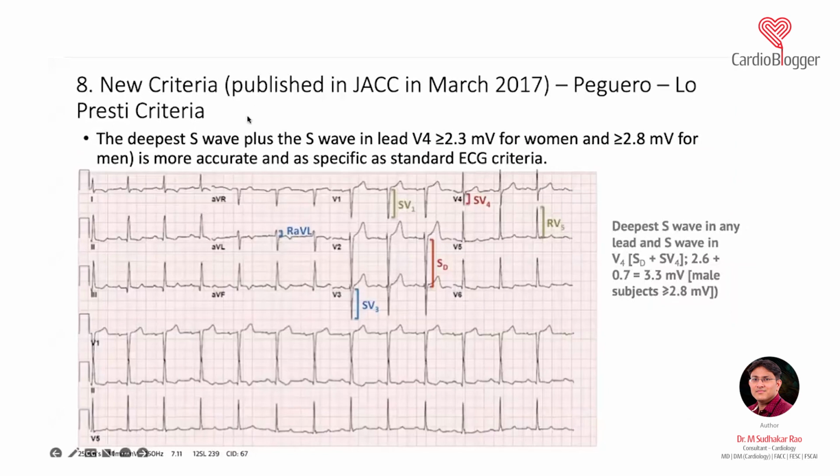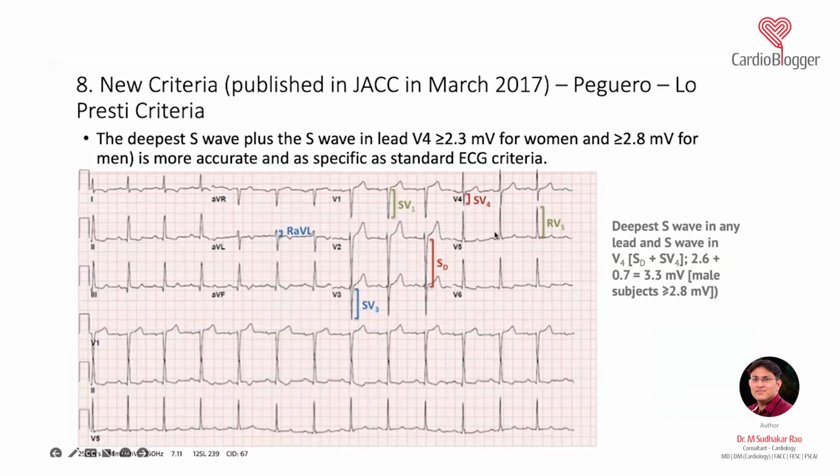Now this was one criteria which was published 5 years back in the Journal of American College of Cardiology, which is also known as Prestige criteria. What they did was take the S wave in lead V4 and any lead with the deepest S wave.